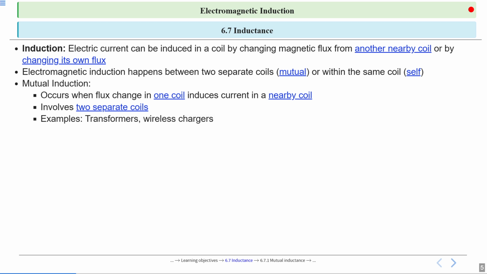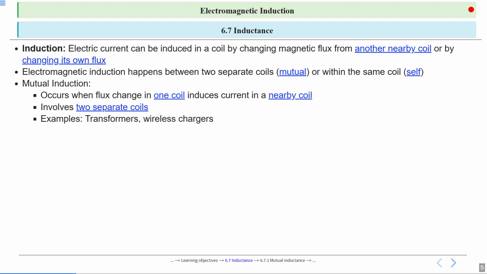Examples are transformers. We are going to discuss transformers in the next chapter, alternating currents. You will see that there are also two coils, and we will use the concept of mutual induction in transformers.